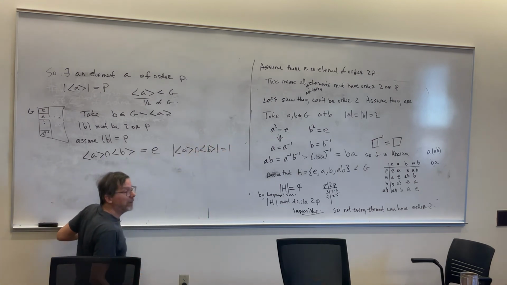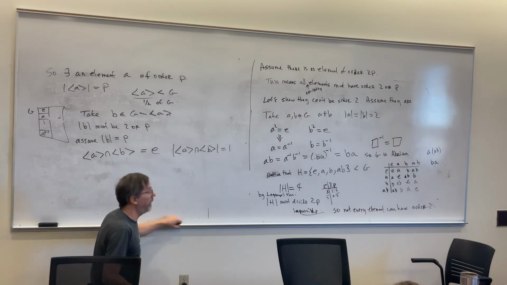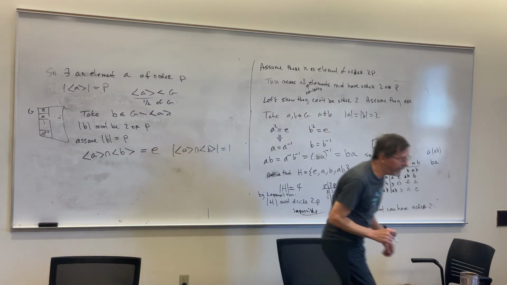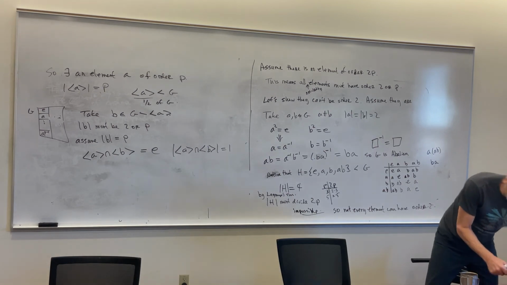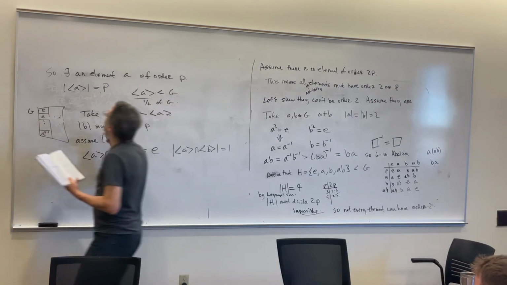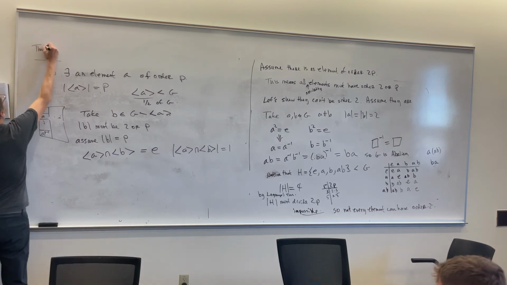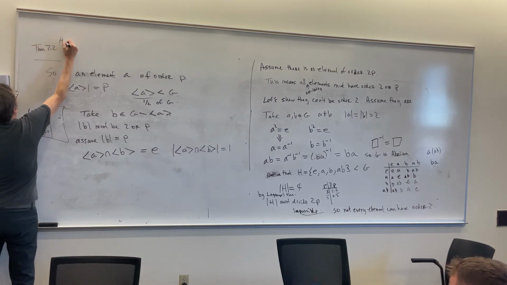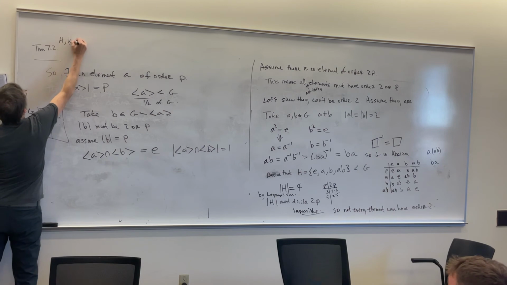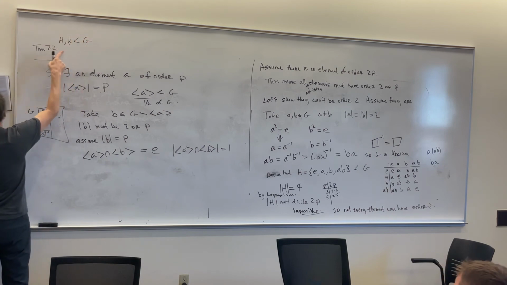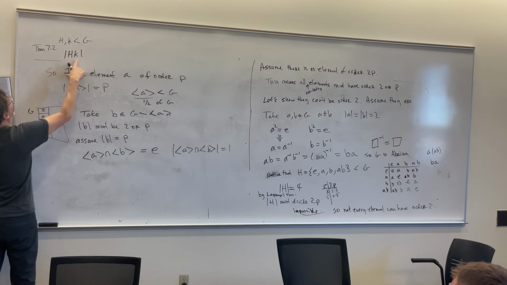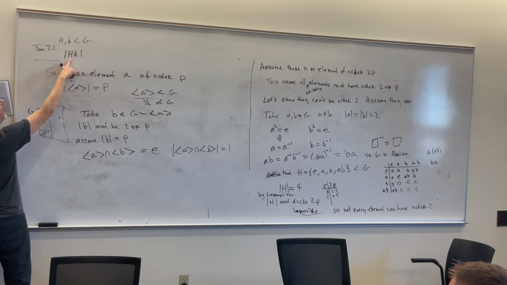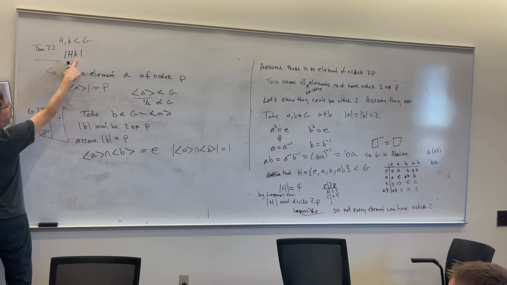is 1. And now we need to look at a theorem we didn't really talk about. It's theorem, I think, 7.2. Theorem 7.2 says that if H and K are subgroups of a group G of finite order, then the size of all the products, where you take everything from H times everything from K, may or may not be a subgroup.